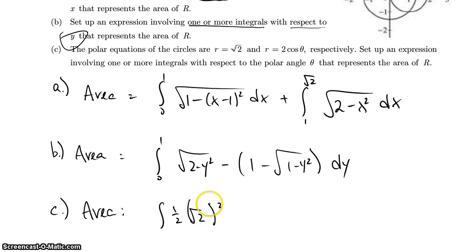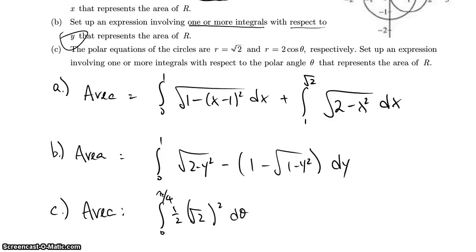We square that, and we put a d theta in there, and we know that the larger circle starts from 0 to, when I say 1, I mean pi over 4, because the angle in the shaded area is exactly 45 degrees.